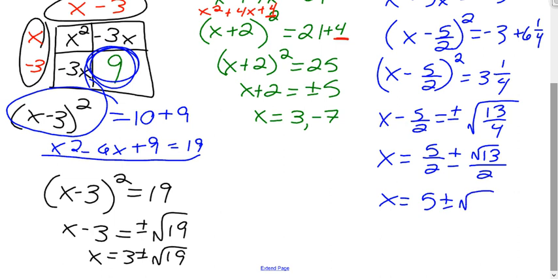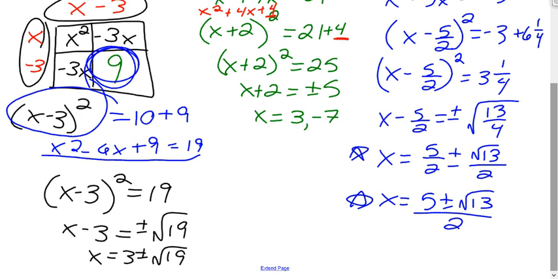Which you can write as one fraction, it really doesn't matter. Either of these work. You can't have the square root of a decimal though. It's not simplified, for a final answer, that is. If you're looking at it going, how did you do that? You know what? You're already the person that's going to do the quadratic formula on that problem. I would never complete the square on this problem. I'm going to do the quadratic formula.